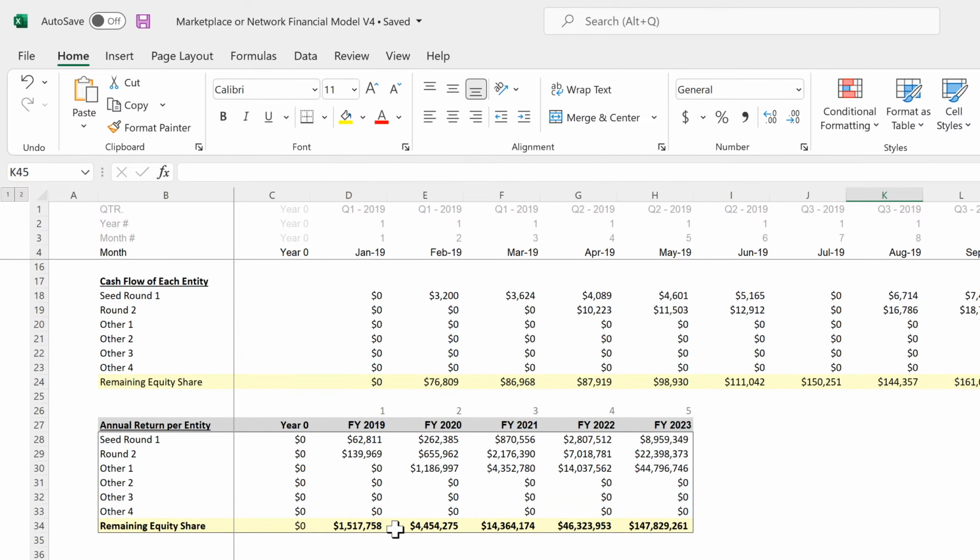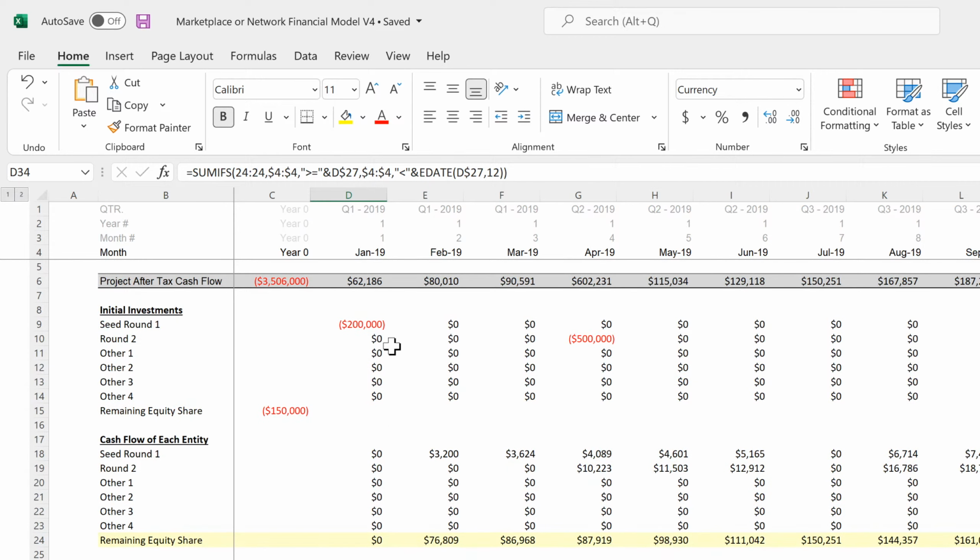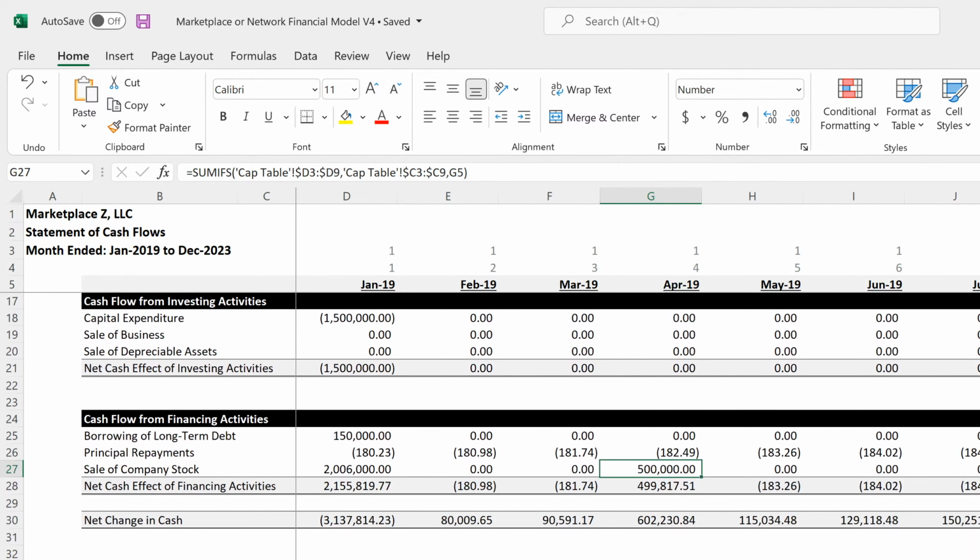It has annual returned per entity. So this detail's already here on what's been contributed, what's coming back to each person based on what they've contributed. And then the remainder is what's remaining for owner equity. So this is fine. I think this is just fine to keep like this. So the real trick is going to come on the balance sheet.